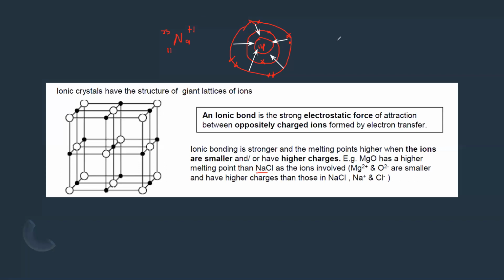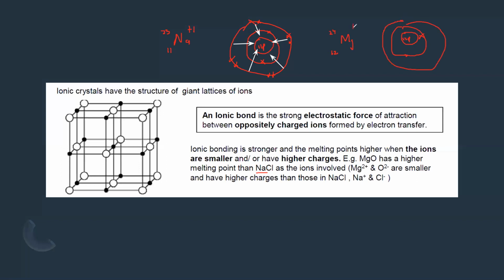But when you take magnesium, magnesium is 12 and 24. So it contains 12 protons. First shell, it will have 2 electrons. Second shell, it will have 8, and third shell 2.